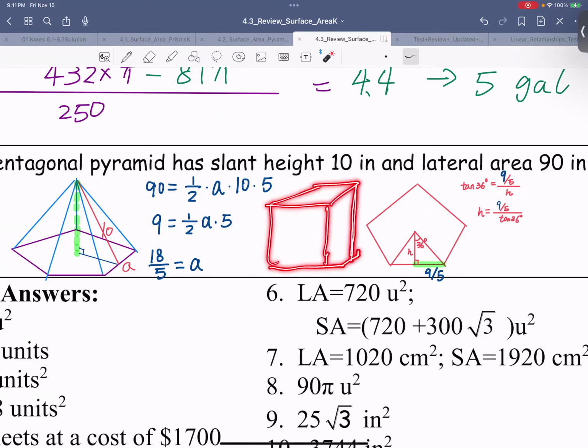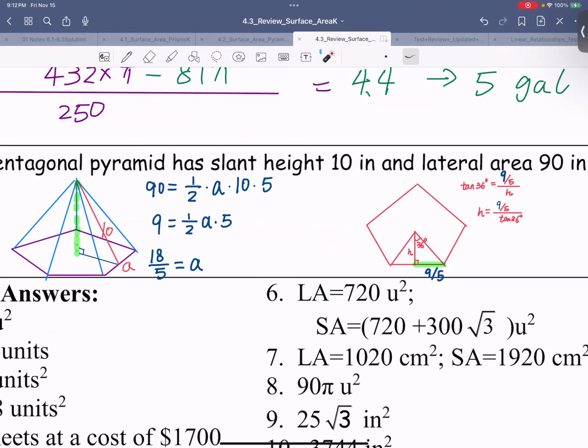Those vertical lines are going to be perpendicular to all the lines on the bottom. The vertical line in your room is going to be perpendicular to the lines on the floor. So this line has to be perpendicular to the lines on the floor.